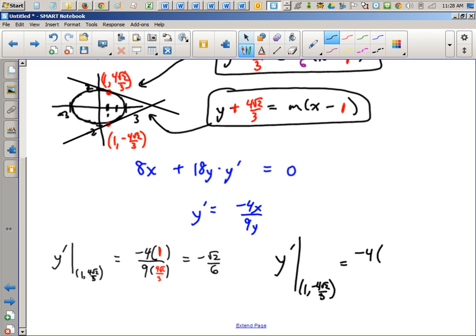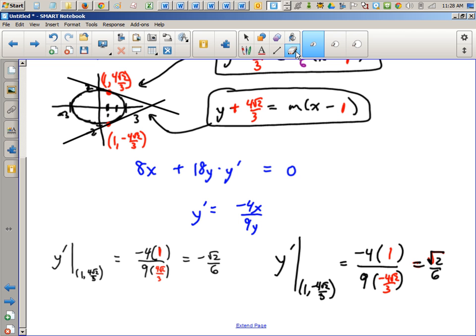So it's negative 4x over 9y. We're plugging in 1 for x, negative 4 root 2 over 3 for y. And this time we just get a positive answer, of course. It's just root 2 over 6. No negative this time. And that's the slope of our other line. And of course it makes sense that the line below the x-axis has a positive slope.